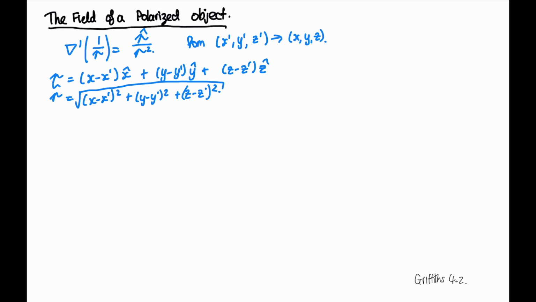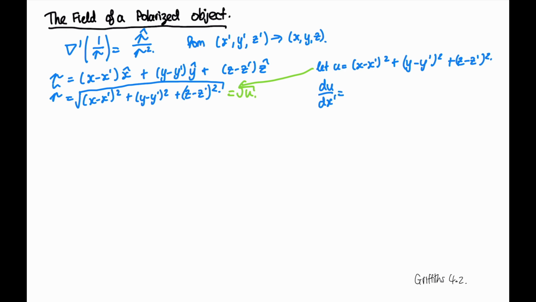So let's let u equal x minus x prime squared plus y minus y prime squared plus z minus z prime squared. So this is equal to the square root of u. But we'll do this so that we can show du dx prime, just because this is going to be useful later.